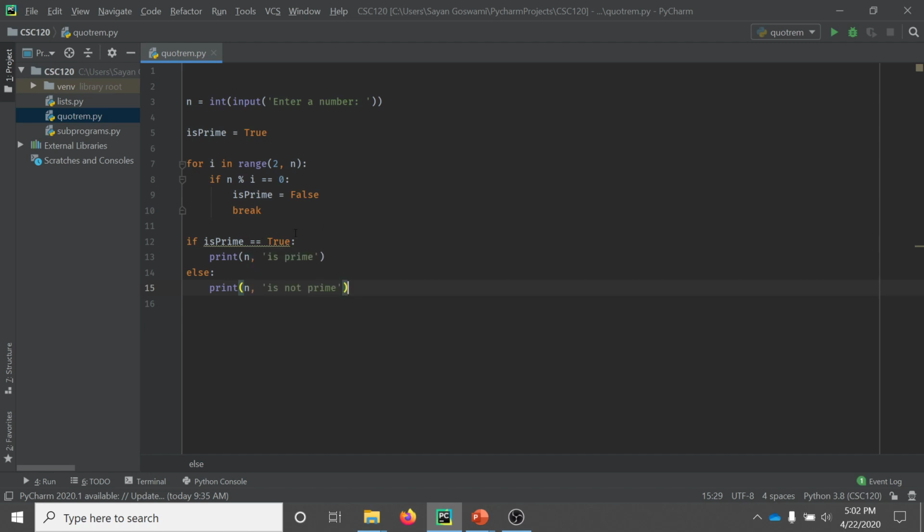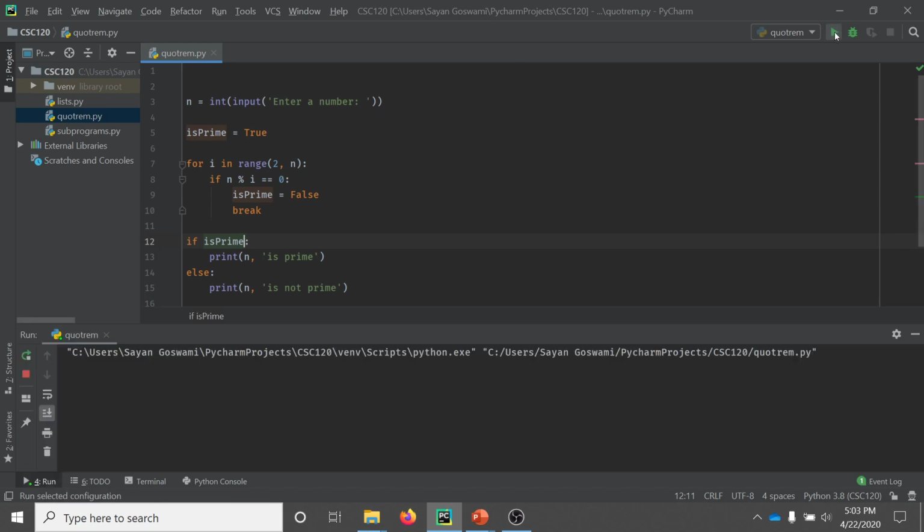It says expression can be simplified, so you can say if is prime, you can say this as well. So when you run this, let's say you say 36, 36 is not prime. If you say 37, 37 is prime.